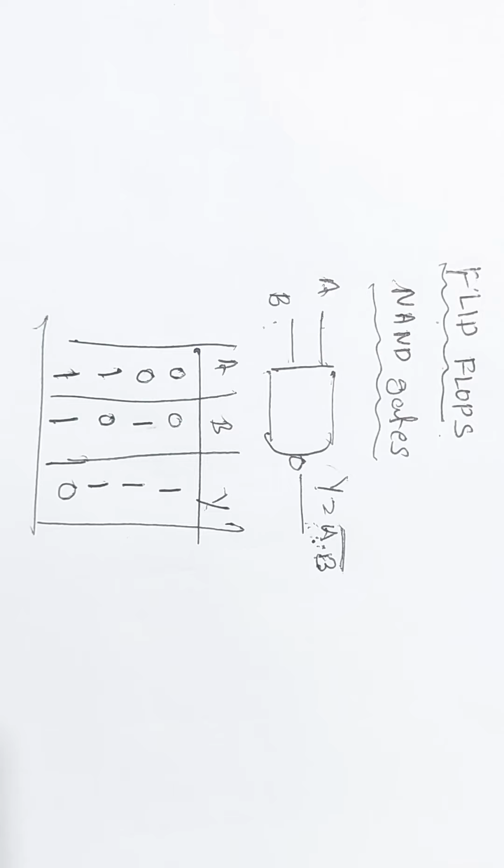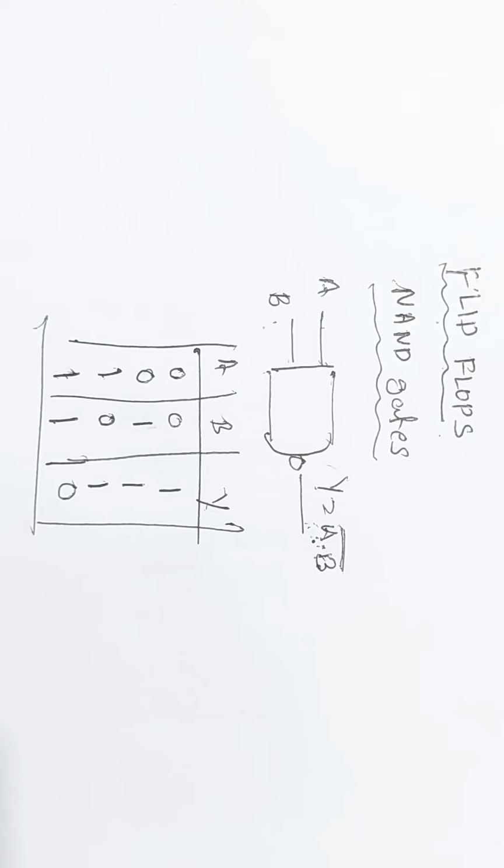This simply means when the output is 1, it stores the information. When the output is 0, it destores the information. That means a flip-flop can be used as a memory element to store the information. If the output of the flip-flop is 1, we say that the information is stored.